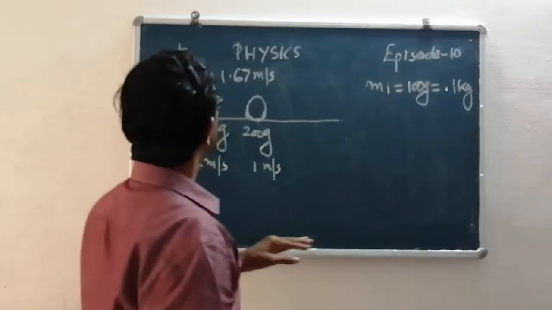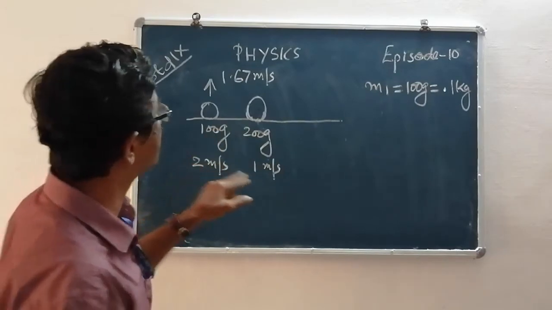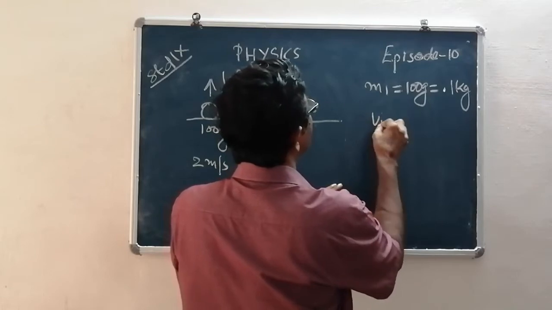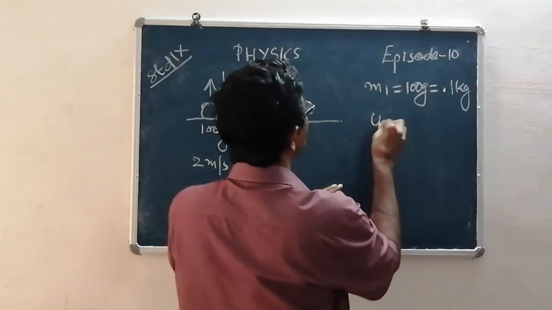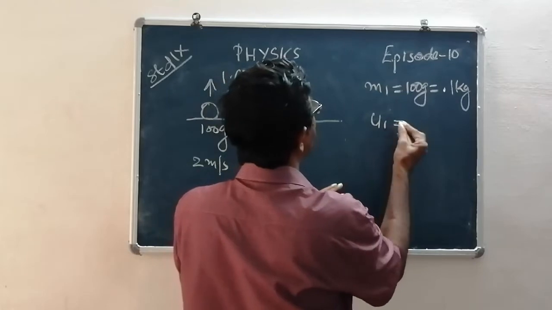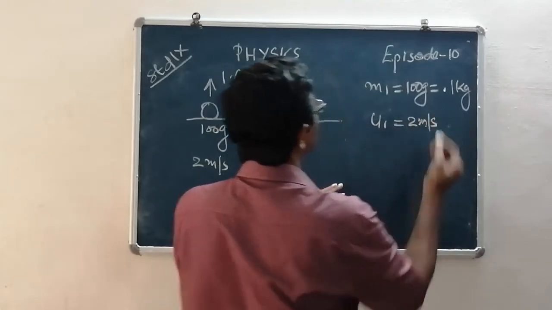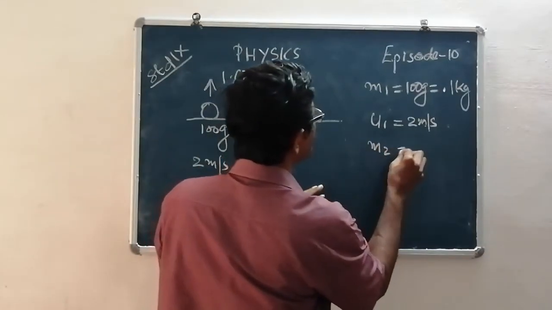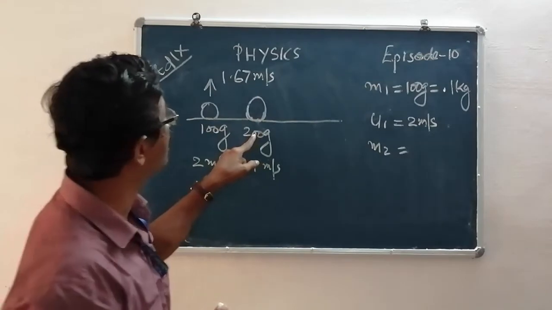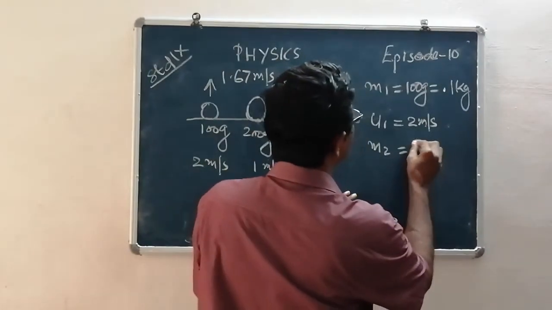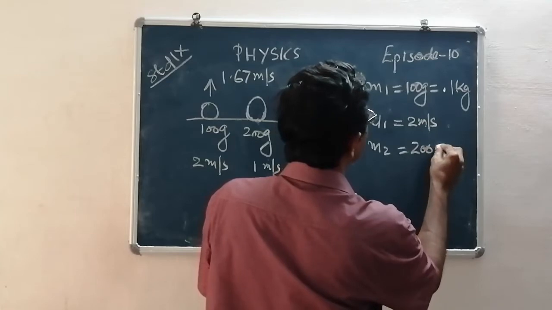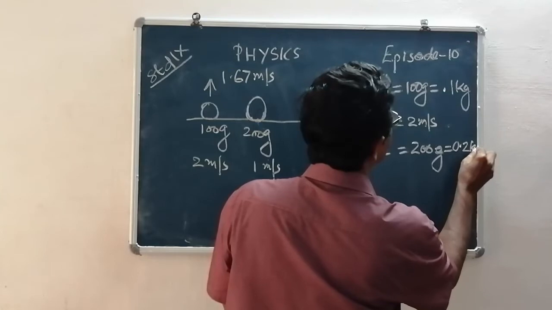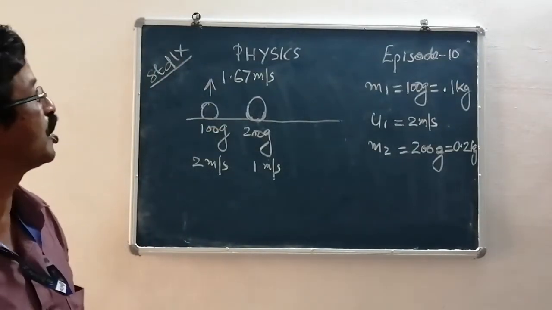Its initial speed U1 is equal to 2 meter per second. And second one mass M2 is equal to 200 gram. When we change to kilogram, it will come as 0.2 kg.